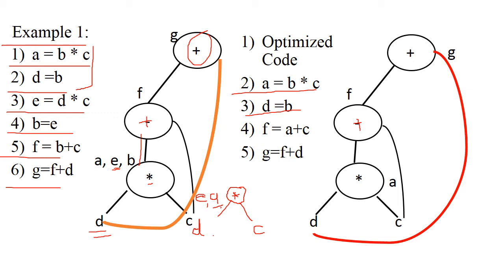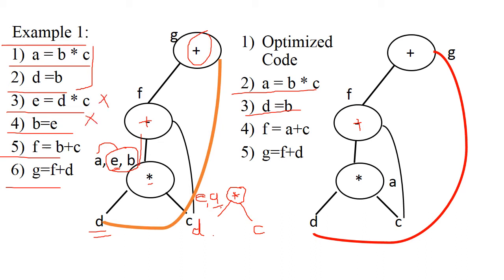E is equal to D multiplied by C, which is already stored in the A. Then the value of E is stored into the B, which is already stored into the A. So why is it necessary to keep these two variables? These two variables are not required because their value is already stored into the A. So we have to eliminate these two instructions.